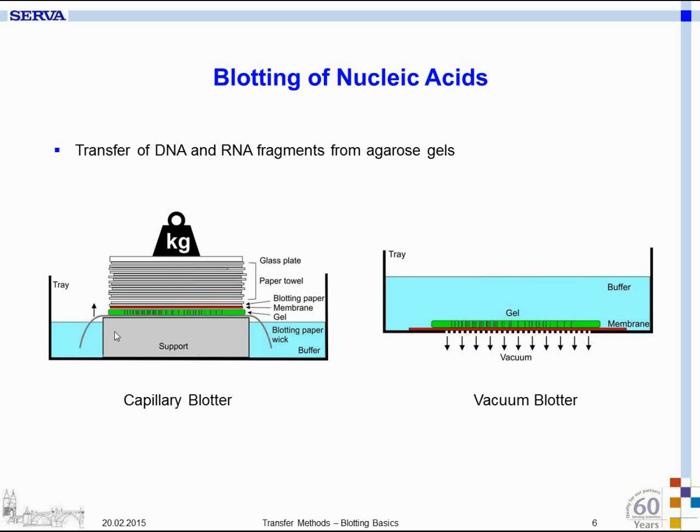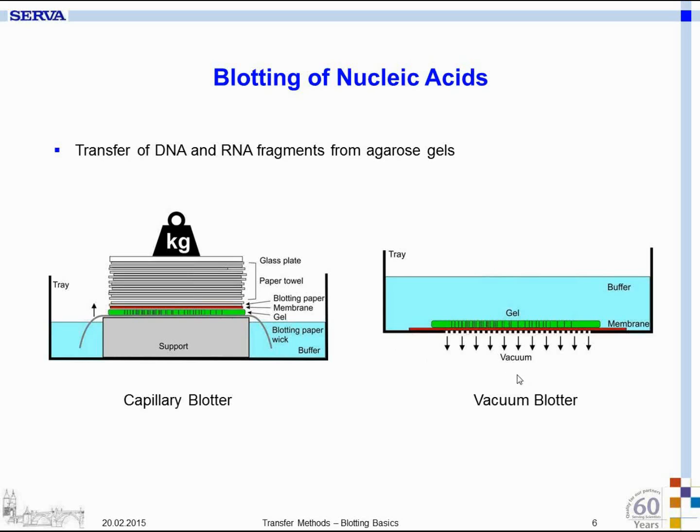The dry paper sucks the liquid up, so the liquid has a motion in this direction, and this motion takes the separated nucleic acid molecules with it onto the blotting membrane where they stick on the surface.